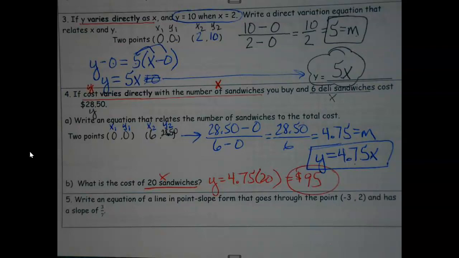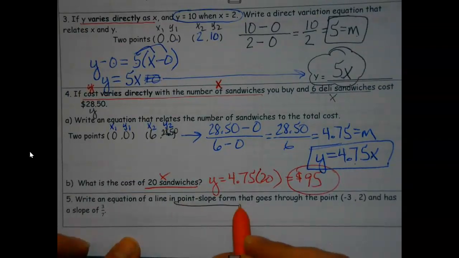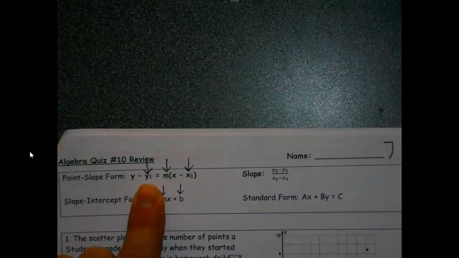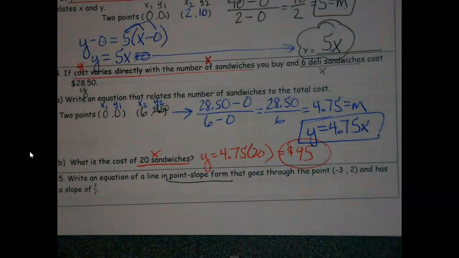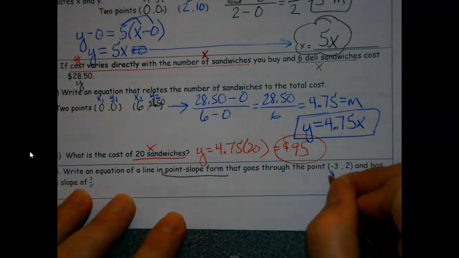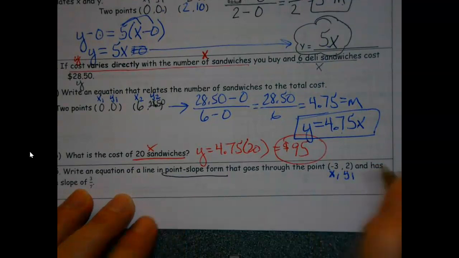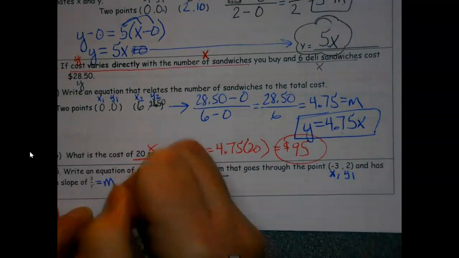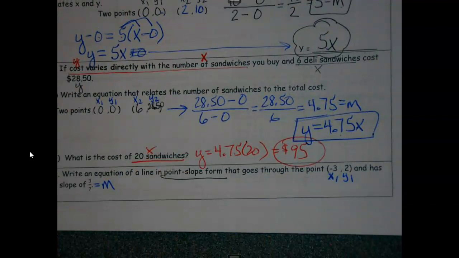So let's see, point slope form. I look up at the top. Here's point slope form, so I need those 3 values to plug into. So I come back down. Sorry that I'm giving some of you seasick here. x1, y1, m. I have all 3 of my values.